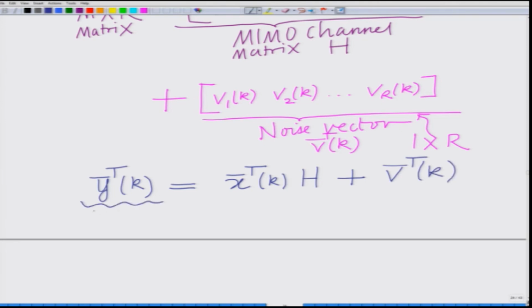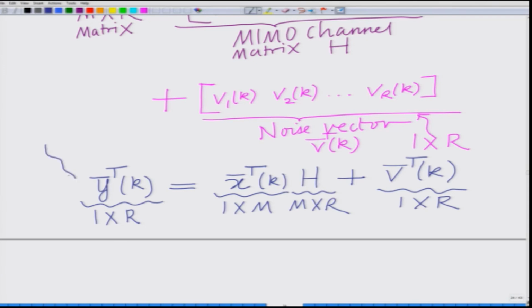Just to confirm this again, this is your 1 cross R received vector, this is the 1 cross M transmit vector, this is the M cross R MIMO channel matrix, this is the 1 cross R noise vector v bar transpose k. Alright. So, I have y bar transpose k equals x bar transpose k times MIMO channel matrix H plus v bar transpose k.